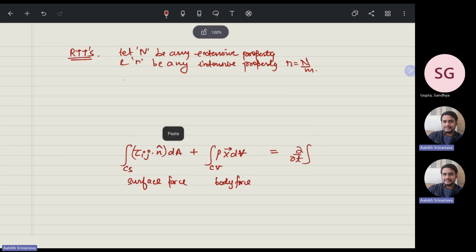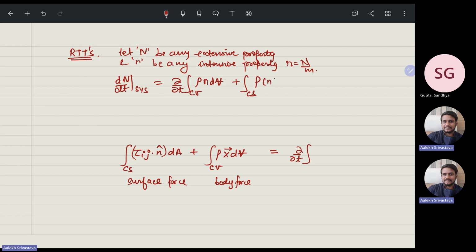So what RTT says is that dN by dt for any system is equal to rate of change for any control volume of rho n dV plus control surface rho n v dot n cap dA. Okay, so this is what RTT says.